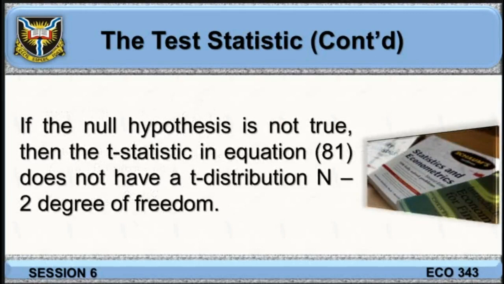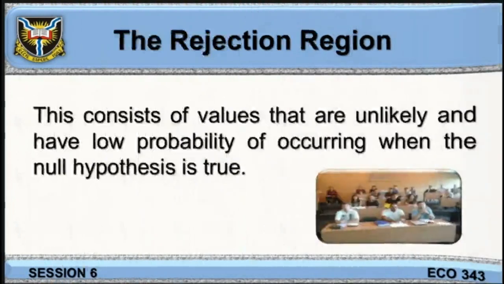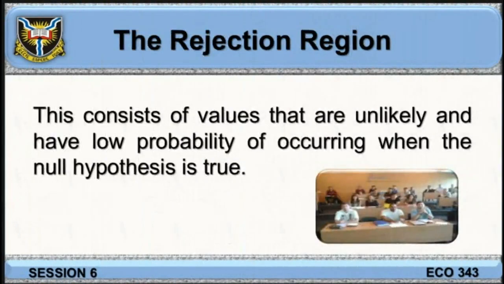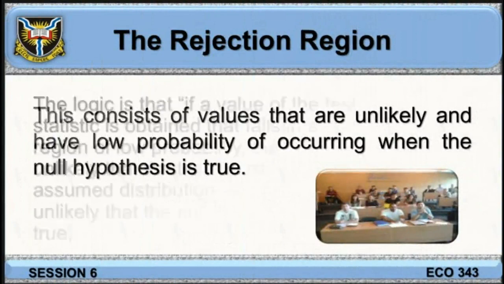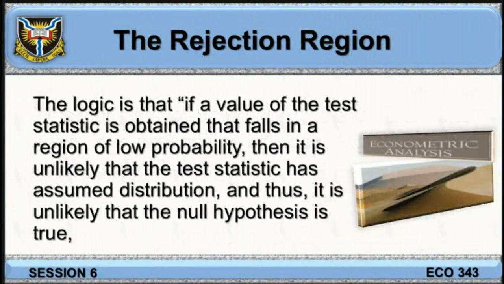The rejection region. This consists of values that are unlikely and have low probability of occurring when the null hypothesis is true. The logic is that if a value of the test statistic is obtained that falls in a region of low probability, then it is unlikely that the test statistic has the assumed distribution, and thus it is unlikely that the null hypothesis is true.